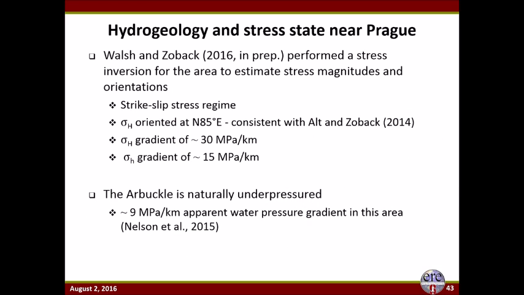We were also fortunate to have access to some of the analyses performed by students in the Stanford Center for Induced and Triggered Seismicity. Most importantly, Raul Walsh provided his analysis of focal mechanism inversions of 14 nearby earthquakes to arrive at constraints on the stress orientations and the stress magnitudes at depth.